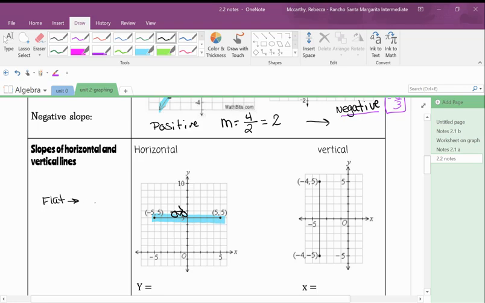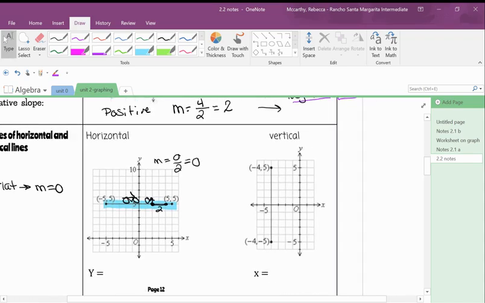My slope is 0. Super easy to ride my bike on that. But if I want to think of it as my rise over run, let's say I'm going to pick 2 lattice points. How much do I rise? Nothing. And I run 2. So it'd be 0 over 2. And calculator person, when I take 0 divided by 2, it is 0.